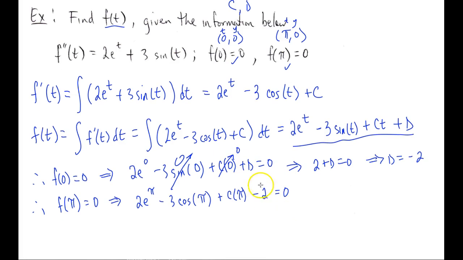And if we work this out, we know that cosine of pi is going to be, let's see, because of course cosine looks like this, right? And so pi is right there. So cosine of pi is going to be negative 1.